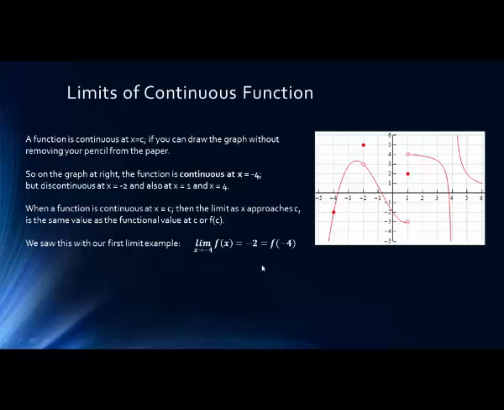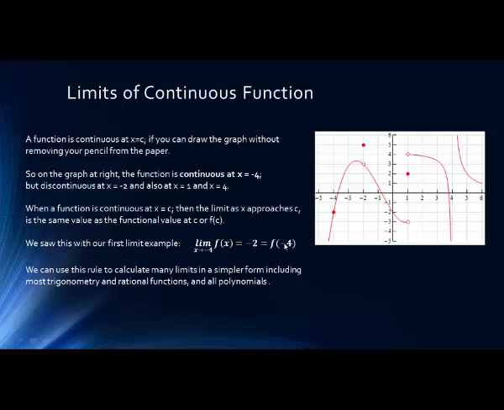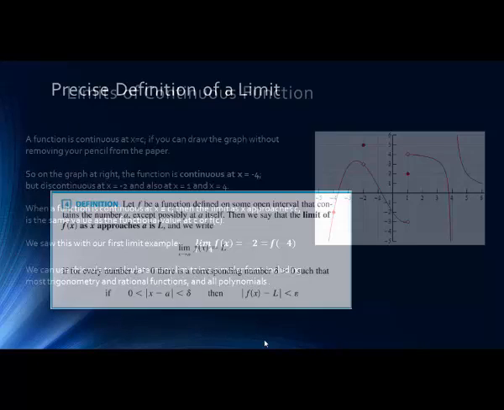So the limit as x goes to -4 of f of x equals -2, which we can see, which is the same as if we put the -4 into the original equation and solved. We can use this rule to calculate many limits in a simpler form, including most trigonometry, most rational functions, and all polynomials because they are continuous over all values of x.